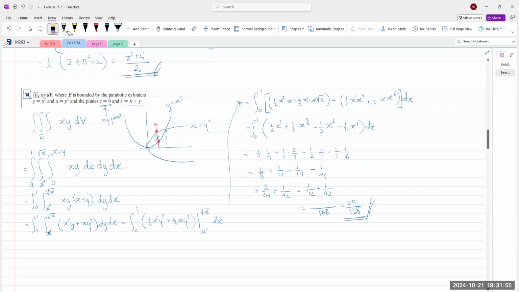So 84, so that's 84. So multiply by 2 and this one here by 7. So that's 9 over 84. We can simplify that. Both are multiples of 3. So this will be 3 over 28.